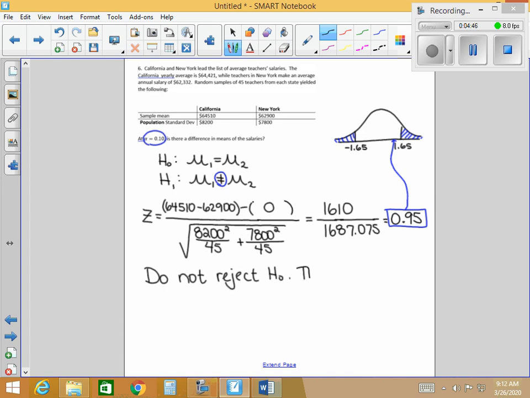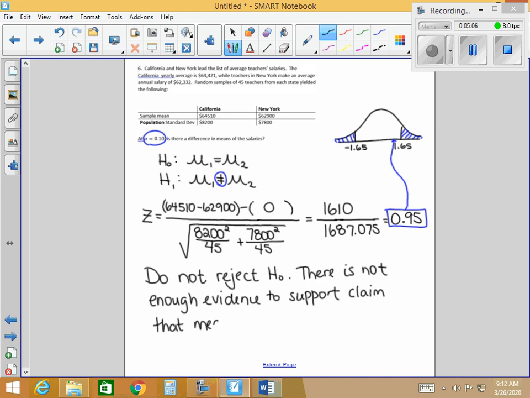There is not enough evidence to support the claim that the mean salaries are different.